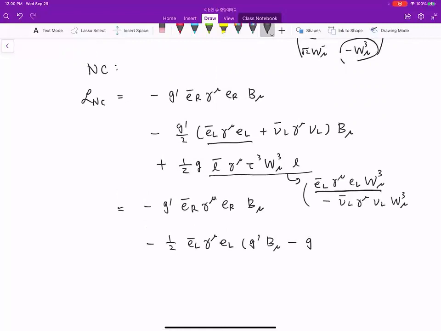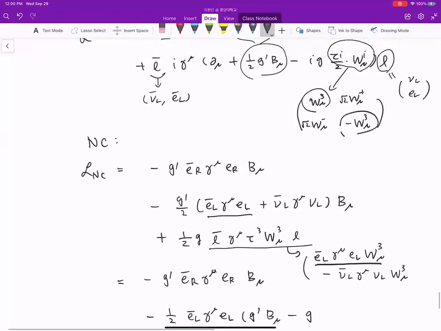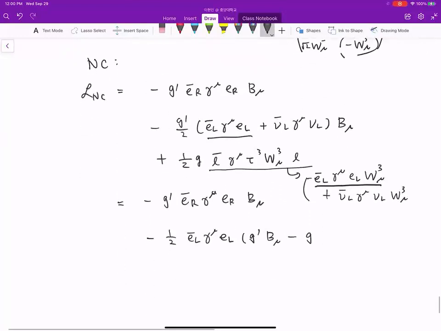The lepton is in the lower component of the doublet, so the sign changes.